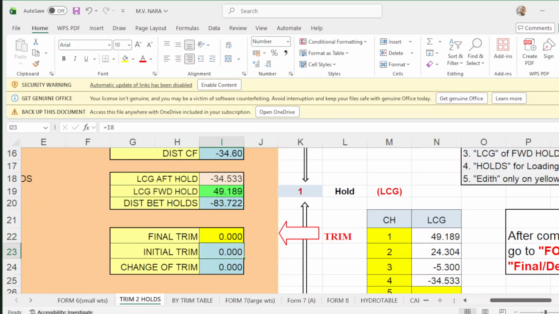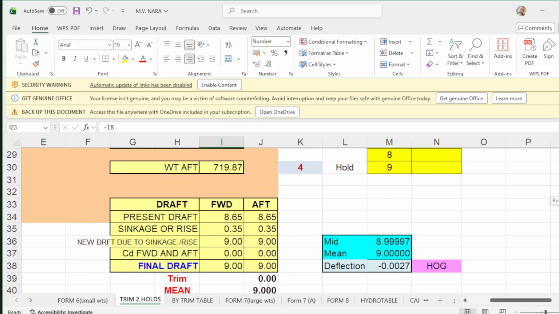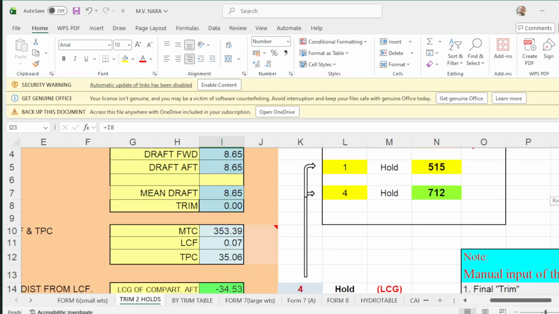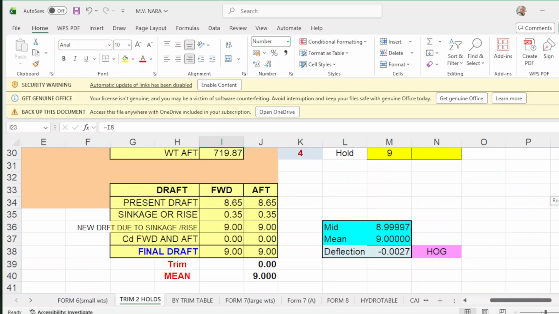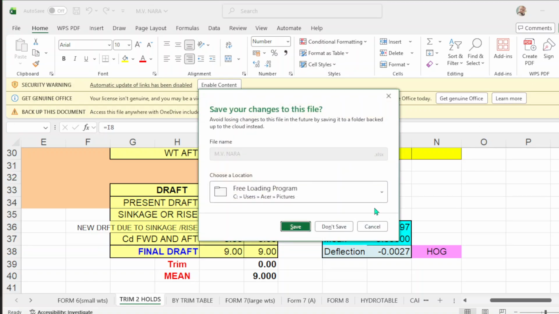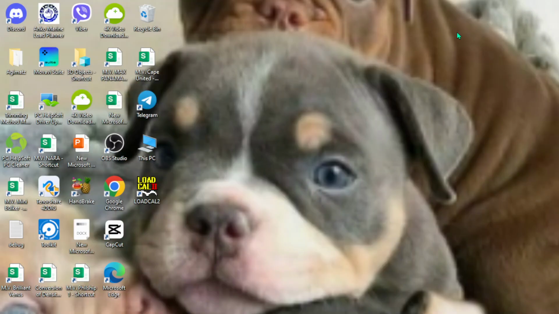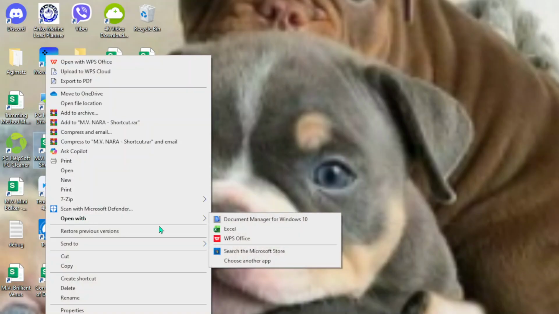How much are you going to load in number 1? 507, 515. Just take and save. Then we go again. Something wrong with this one. Bear with me, guys. In Excel.